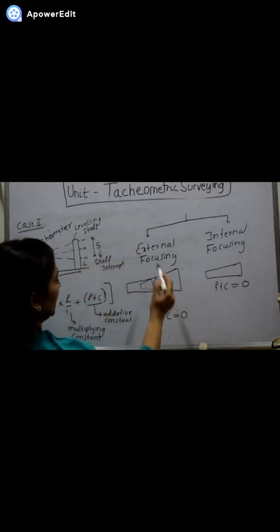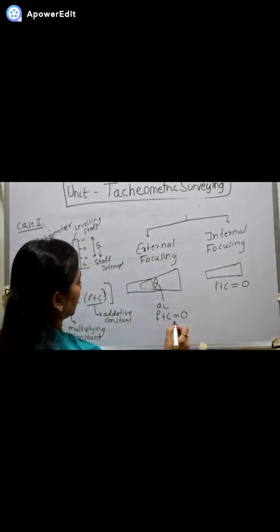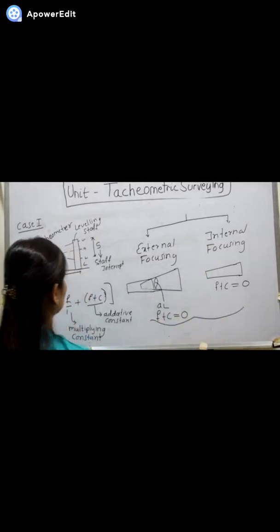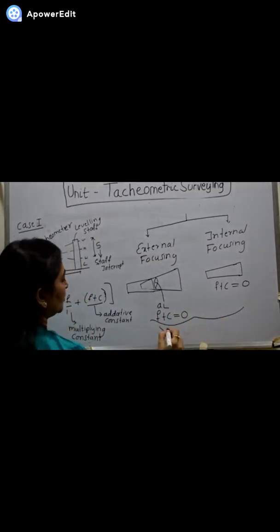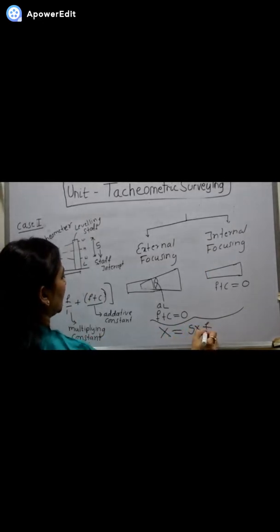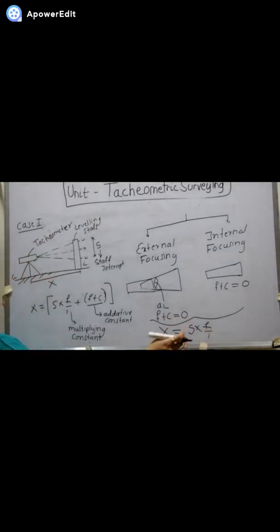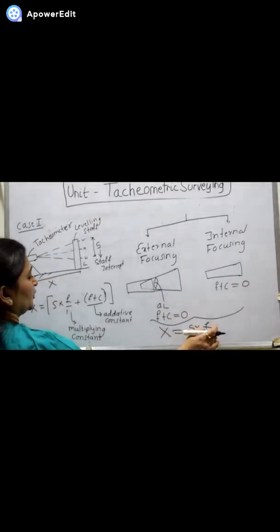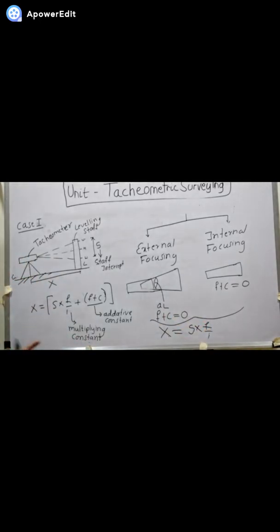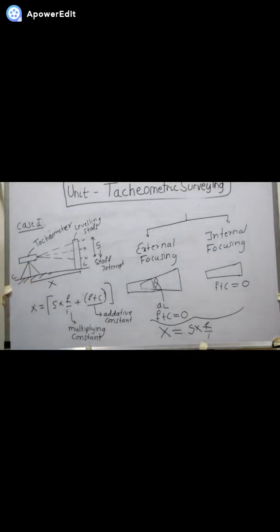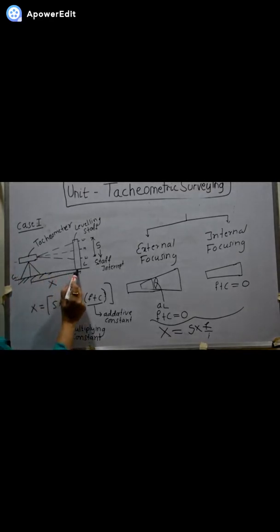So in case of external focusing where the analytical lens is there, or in case of internal focusing where f plus c is 0, the formula of the horizontal distance becomes D is equal to S into F by I. Just by multiplying the staff intercept with the multiplying constant, you directly get the horizontal distance when your line of sight is parallel to the ground.